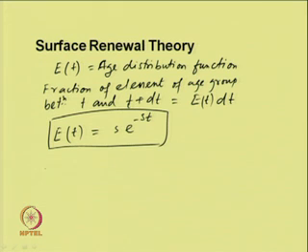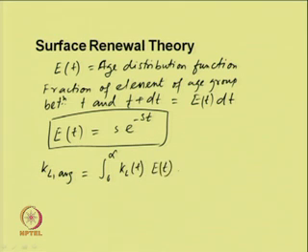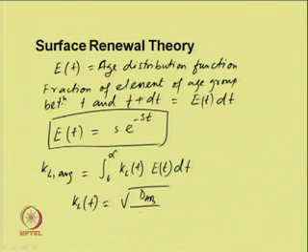Now, as we know K_L average will be equal to integral 0 to infinity K_L(t) E(t) dt. So, this K_L(t) as we derived earlier is the point mass transfer coefficient, which is root over D_AB by pi t.